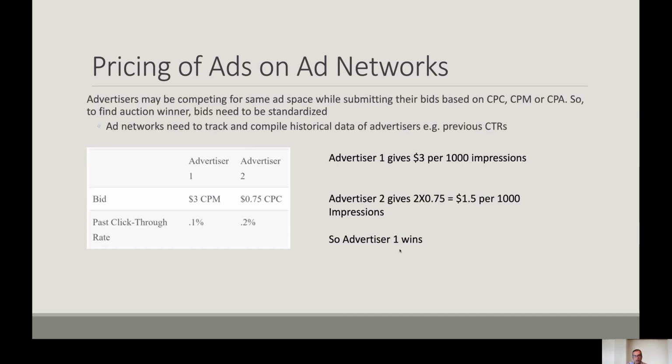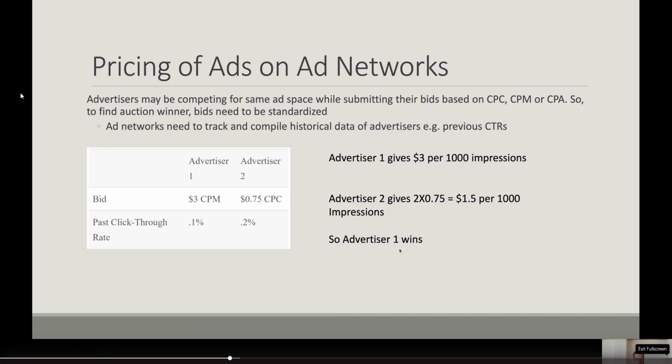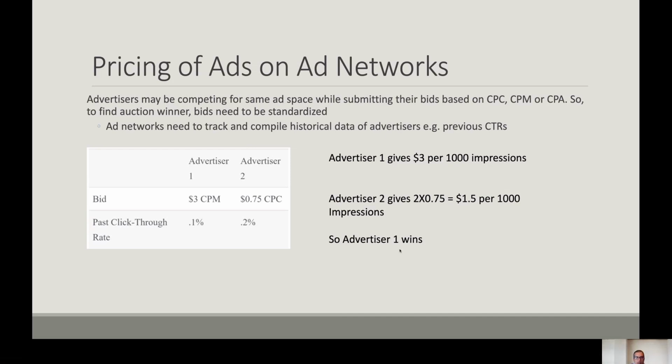Now, given that there is such a lot of flexibility, it is possible that sometimes for the same kind of ad inventory, two advertisers are bidding using different metrics. So in the example that I'm showing you here, advertiser 1 bids on the basis of CPM, or cost per 1,000 impressions. Advertiser 1 says that I will pay the ad network $3 for every 1,000 impressions that I get, right?